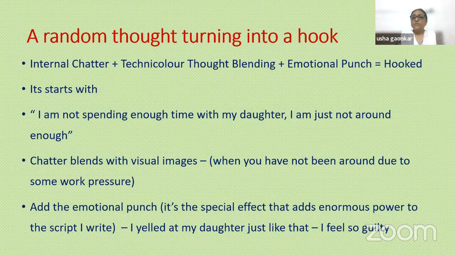So the emotional punch is finally, you get hooked onto a particular sentence, that I'm not a good enough mother, or I'm not a good enough person, I'm not a good enough woman, whatever it could be. So the final emotional punch would be the hook of that particular event, whichever has happened.